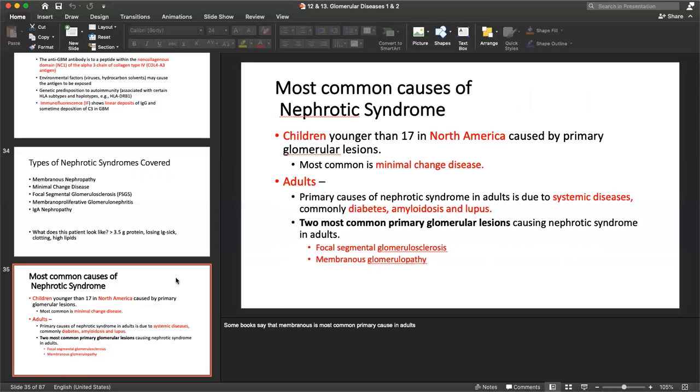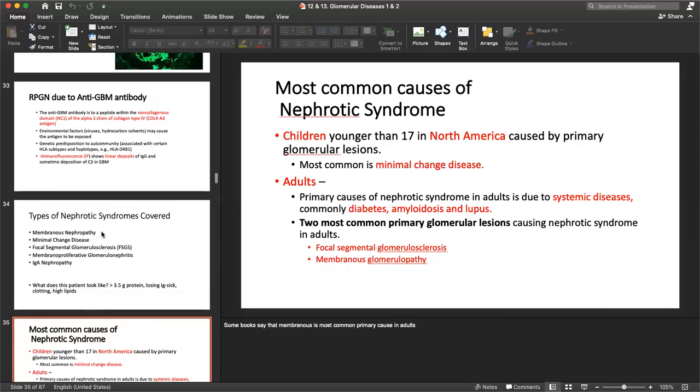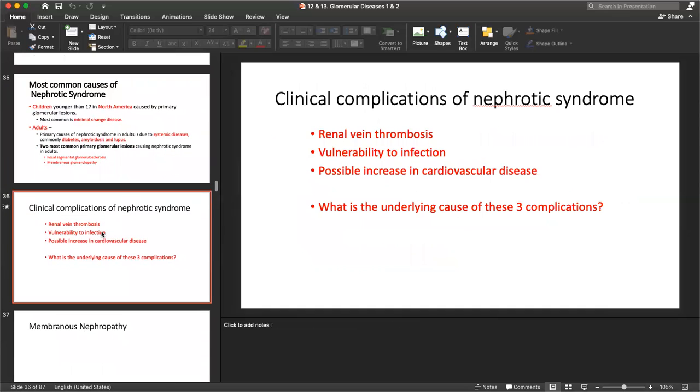And then for adults, usually there's systemic diseases like diabetes, amyloidosis, and lupus. So the 2 most common are going to be focal segmental glomerulosclerosis, and then membranous glomerulopathy.